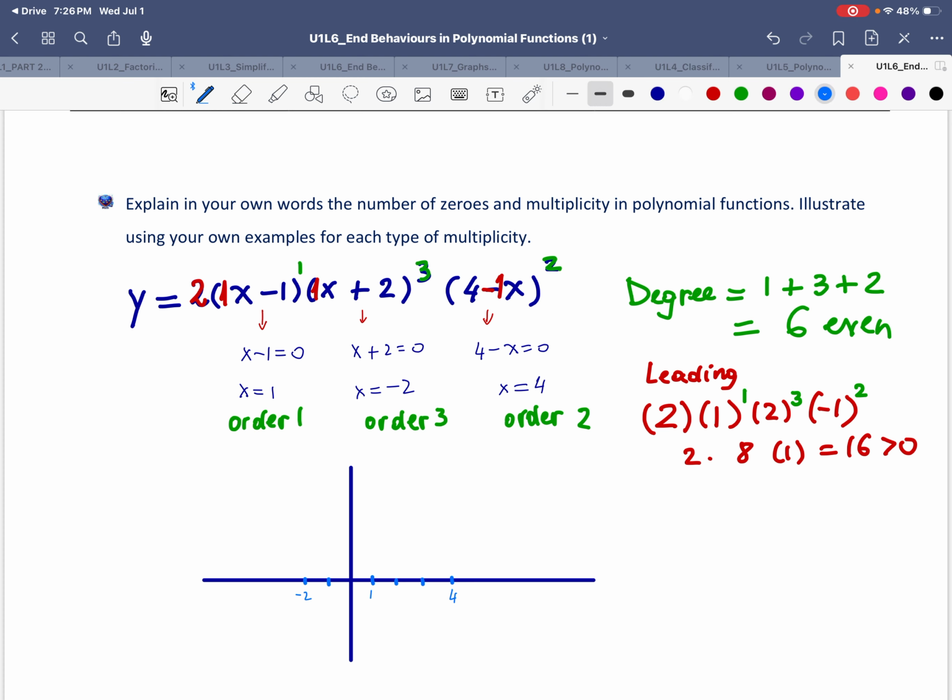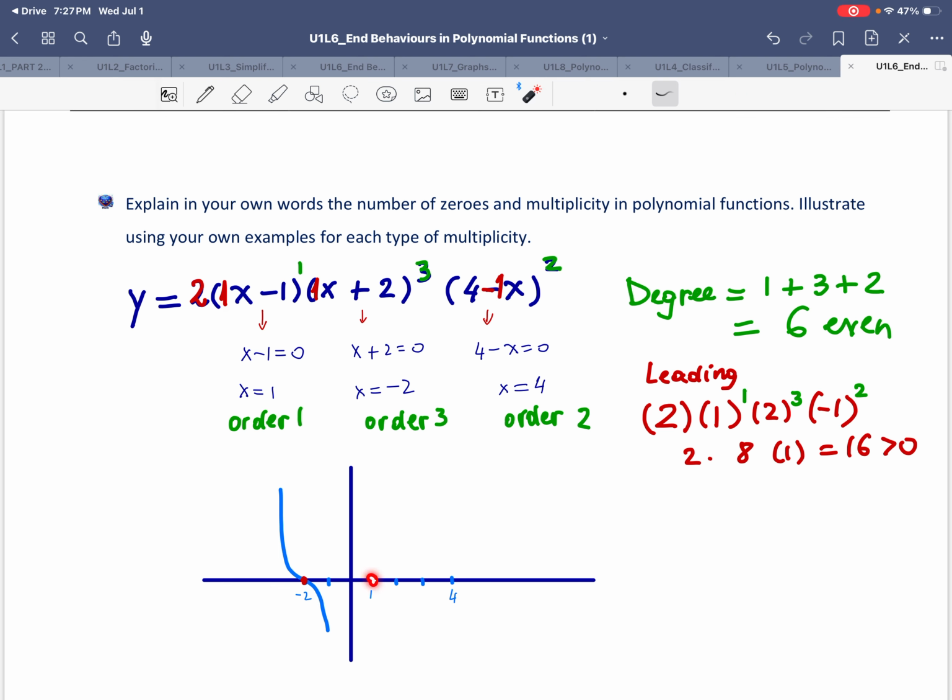The graph will cross the x-intercept at -2 with a multiplicity 3 root. Multiplicity 3 means that the shape of the graph at the root will be an S shape. So right here at this root, you're going to see this particular S shape, which we call a point of inflection.